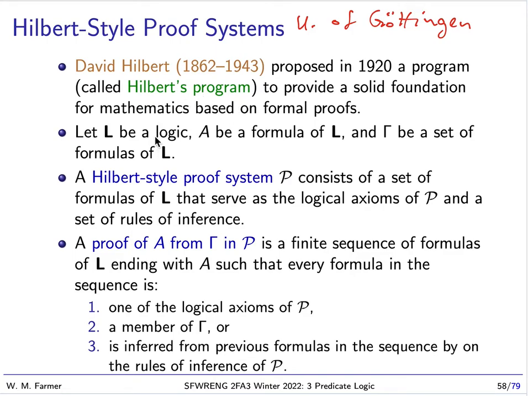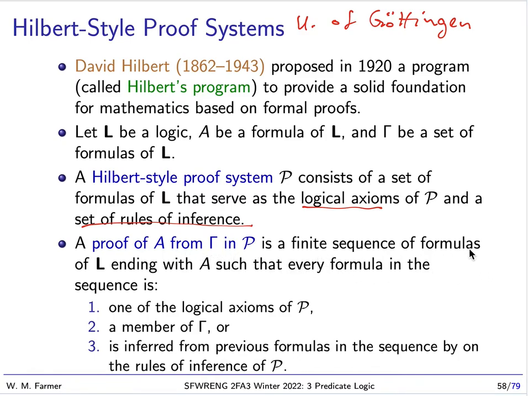So what is a Hilbert-style proof system? Well, if we have L as a logic and A as a formula of L and gamma is a set of formulas of L, a Hilbert-style proof system consists of a set of formulas of L that serve as the logical axioms and a set of rules of inference. So that part is like other proof systems. What's different is a proof of A from gamma and P is about as simple as can be.